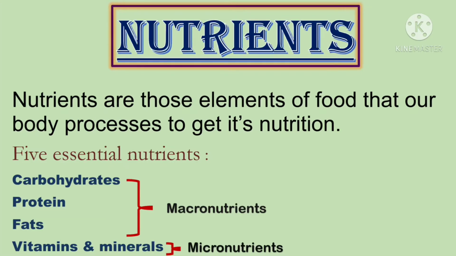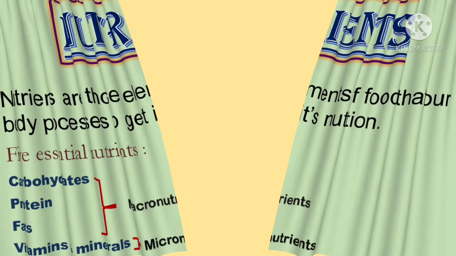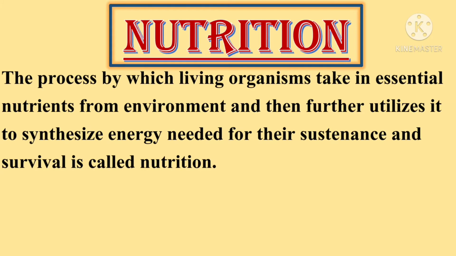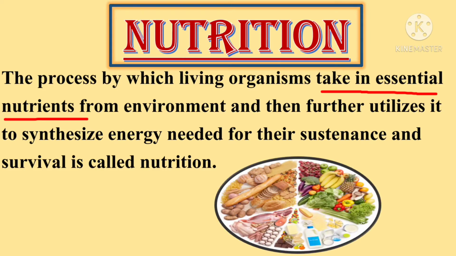Now let us move further with our discussion about the process, that is the nutrition. Now, what is nutrition? So let us first start with its definition. Dear students, nutrition can be defined as the process by which living organisms take in essential nutrients from the environment and then further utilize them to synthesize energy needed for their sustenance and survival.